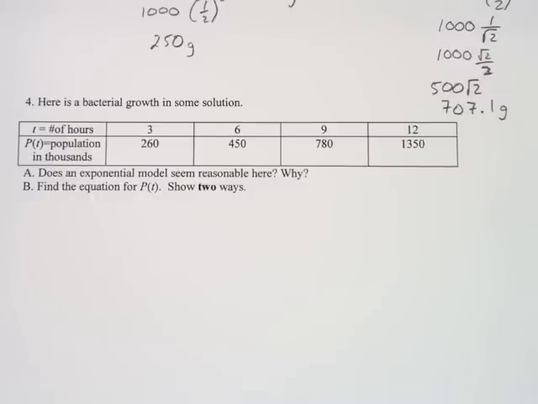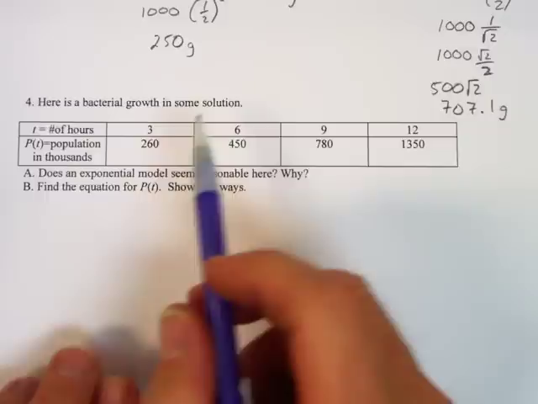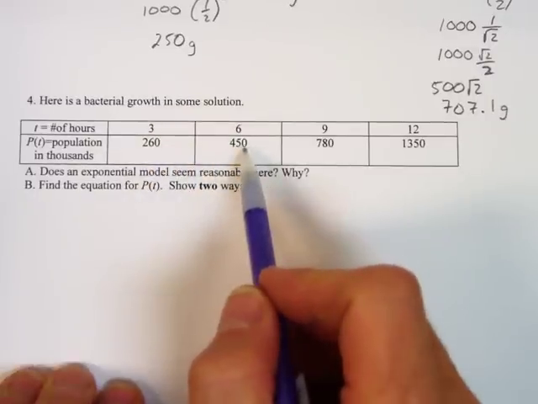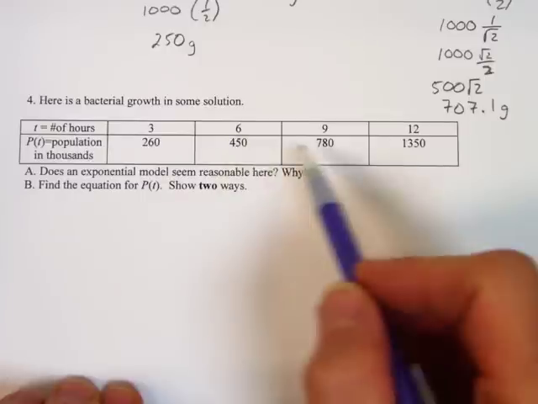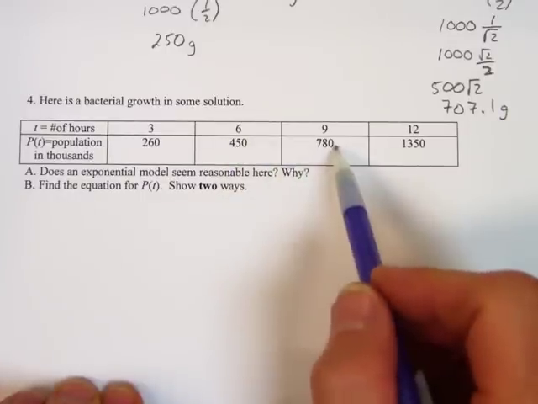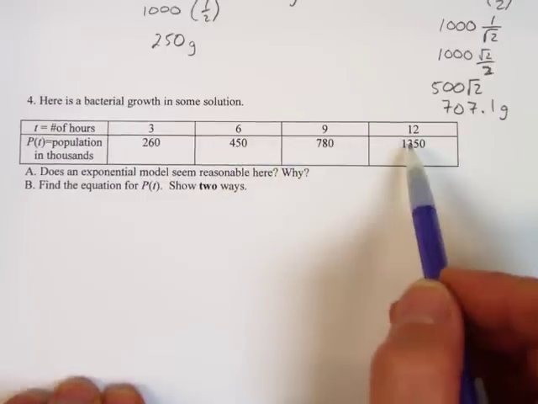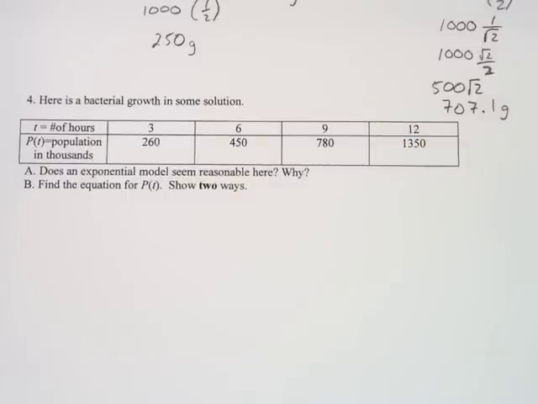So if the growth was 100, then every time we move over right 1, in this case in terms of hours, we would increase by 100. Well, let's take a look here. We're not adding 190 there, nor are we adding another 190, so a linear model is definitely out of the question here.